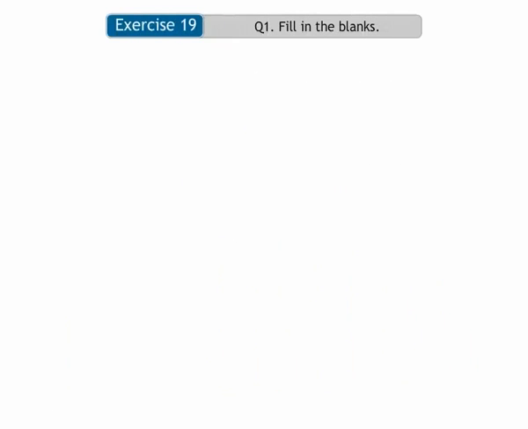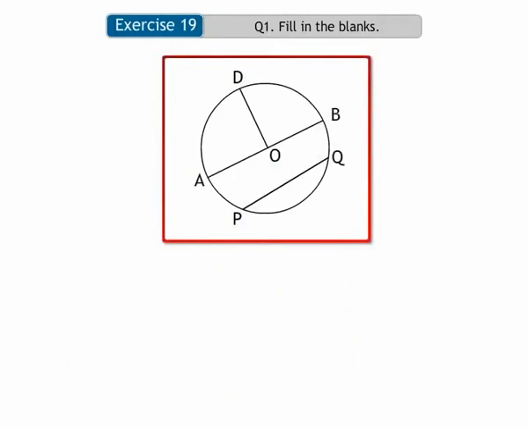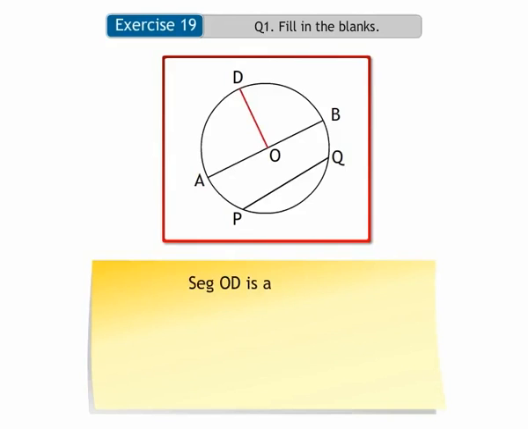Now let us proceed towards the first exercise of this chapter. On the basis of the given properties of circle, let us solve the first exercise 19. Question 1. Fill in the blanks. Segment OD is a radius. Segment AB is a diameter.